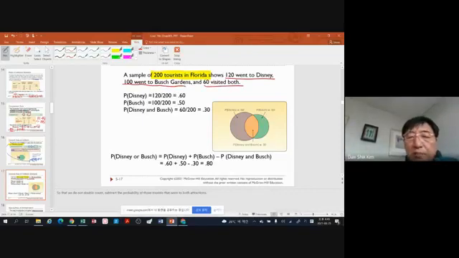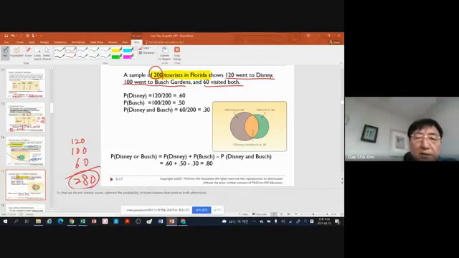When you add up 120 plus 100 plus 60, you get 280. But we have only 200 tourists. This number is bigger because some people go to Disneyland and Busch Gardens together at the same time.